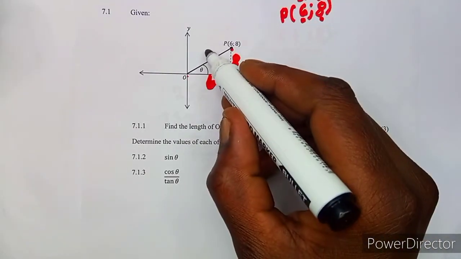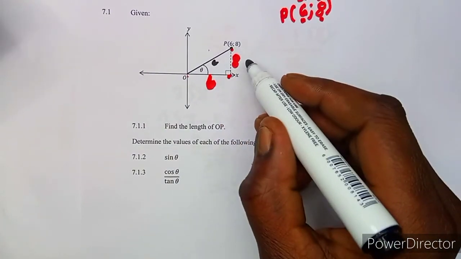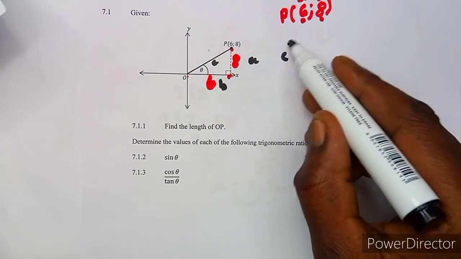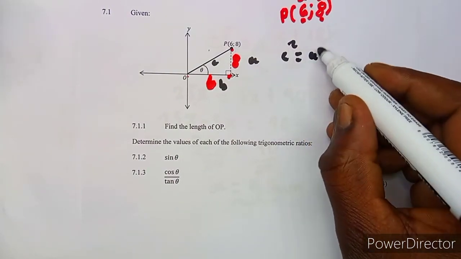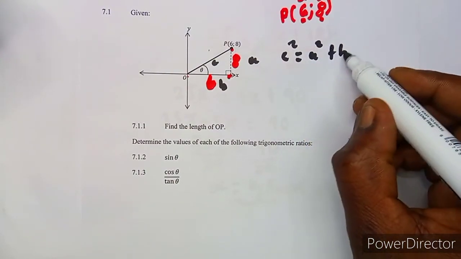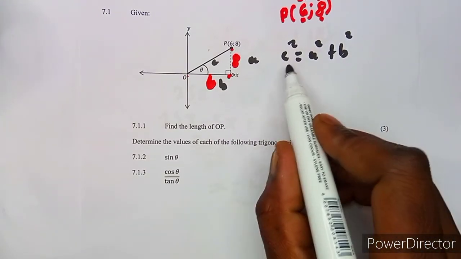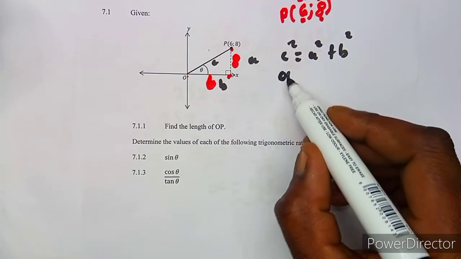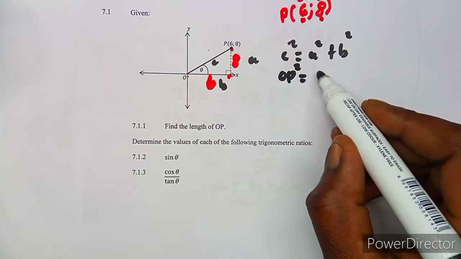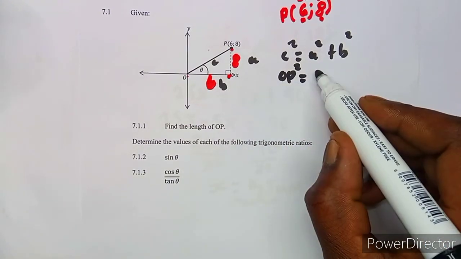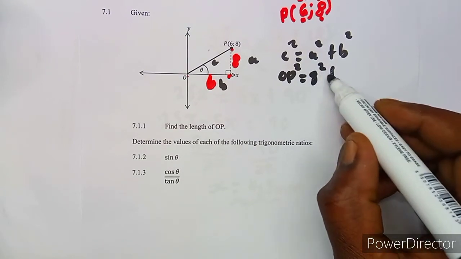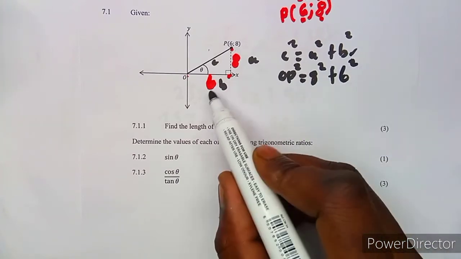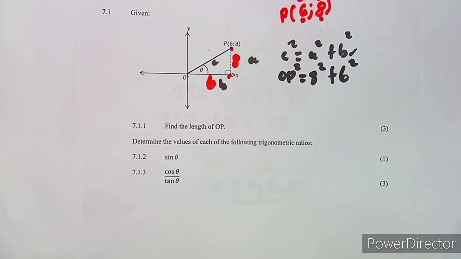So this is your C, this is your A, and this is your B. Our C squared is the OP that you want to calculate. So you've got OP squared equal to A squared, which is 8 squared, plus B squared, which is 6 squared. Take note, this is 6, this is 8.